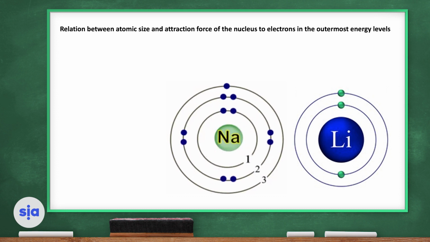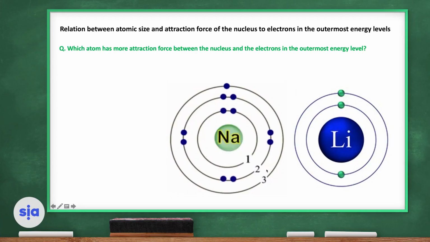Now we are going to see the relation between atomic size and the attraction force of the nucleus to electrons in the outermost energy levels. Look at these two elements. This is sodium with 3 energy levels, and this is lithium with only 2 energy levels.